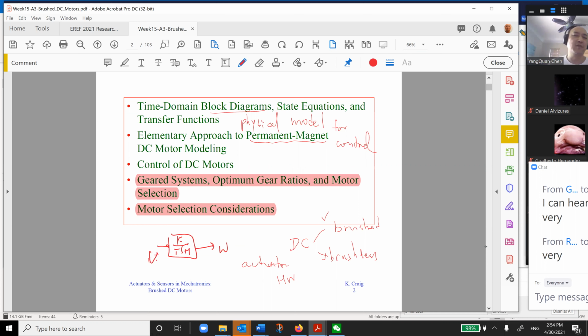This is a very simplified one by ignoring all the excitation time constants, okay? Because in reality, that time constant is much, much smaller than the mechanical time constant there. We talked about optimal gear ratio.